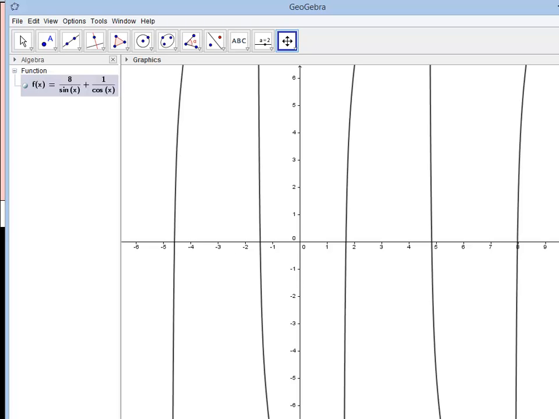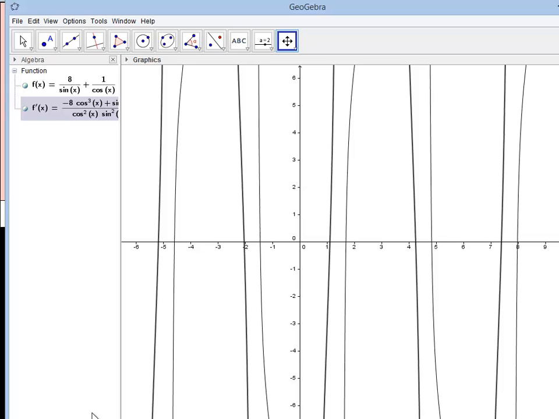That is our function, and now we have to take the derivative of f of x. So we say derivative of f of x. Let's see if we will let it go.